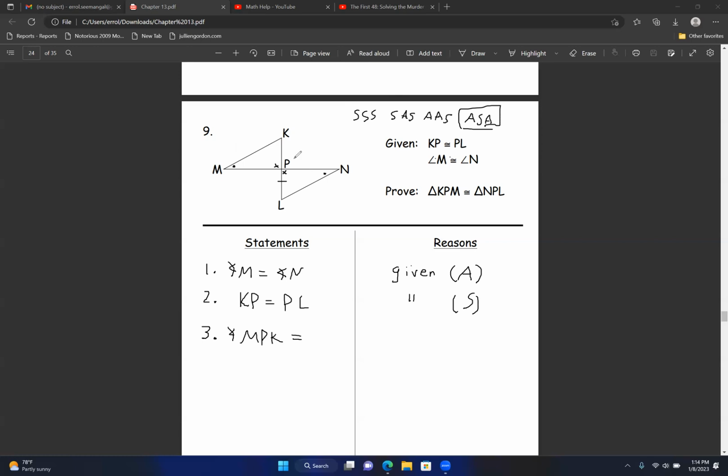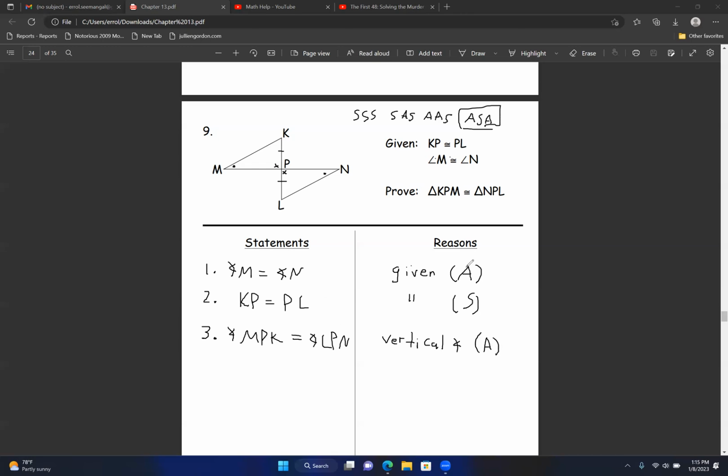MPK equals LPN, and the reason is vertical angles. And there's your other A.